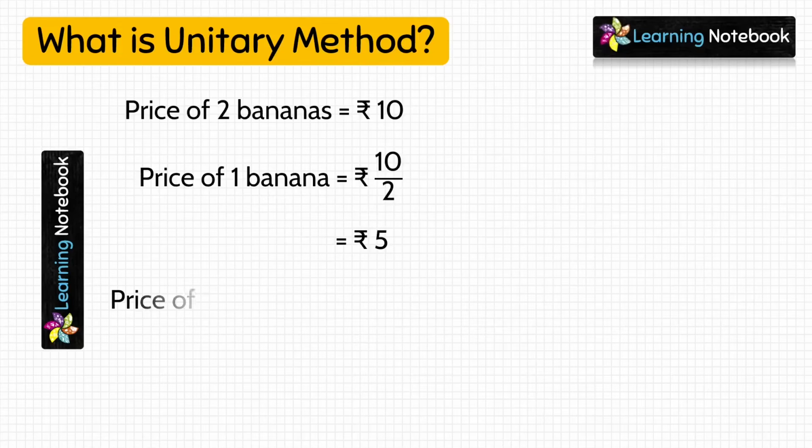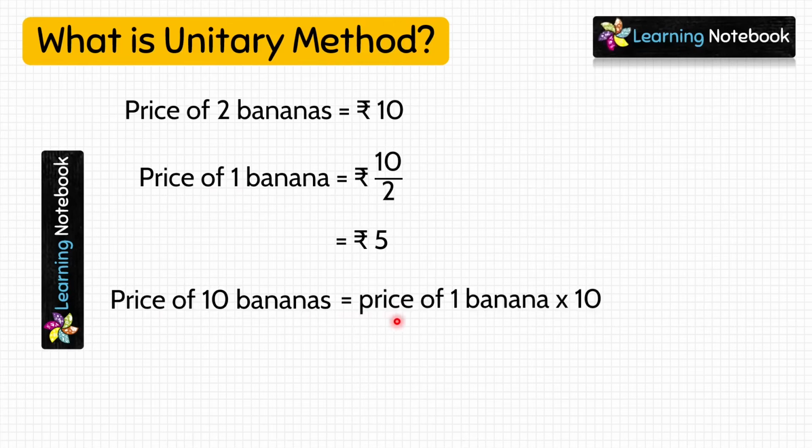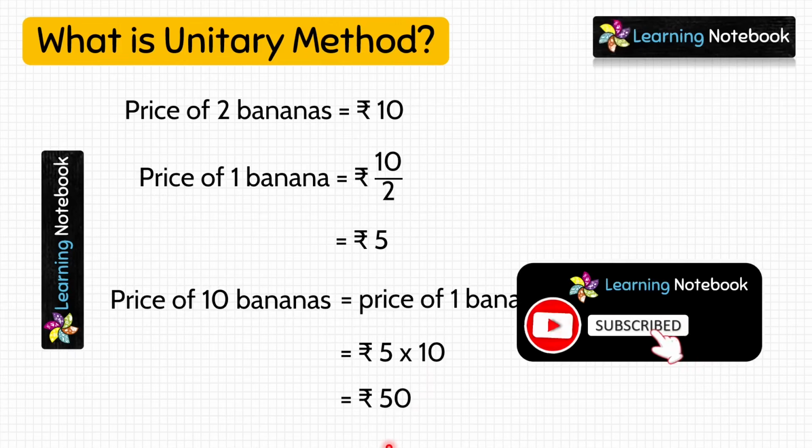Now if we want to calculate the price of 10 bananas, we will use this price of 1 banana. Price of 10 bananas equals price of 1 banana multiplied by 10. Price of 1 banana is rupees 5. So we get rupees 5 multiplied by 10, which equals rupees 50.